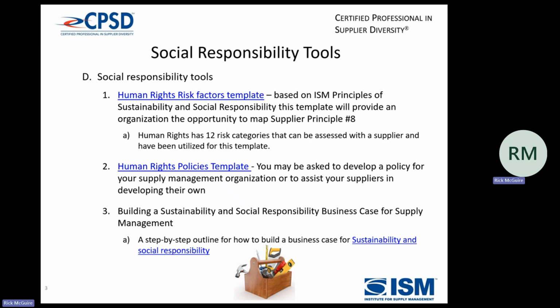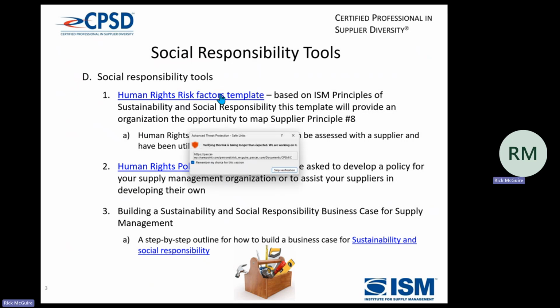So here's some tools for social responsibility. Human rights risk factors template based on ISM principles of sustainability and social responsibility. Provide the organization an opportunity to map supplier principle 8. So human rights has 12 risk categories that can be assessed with a supplier and have been utilized for this template.